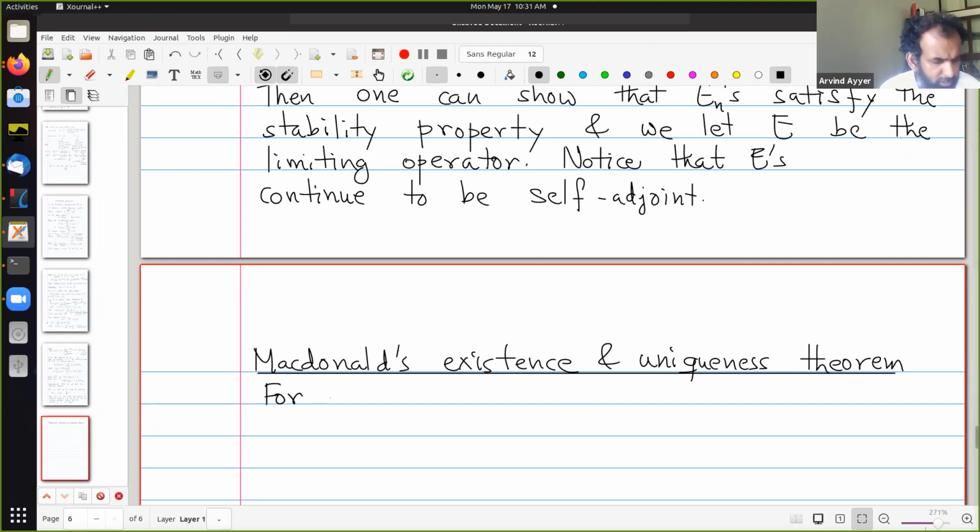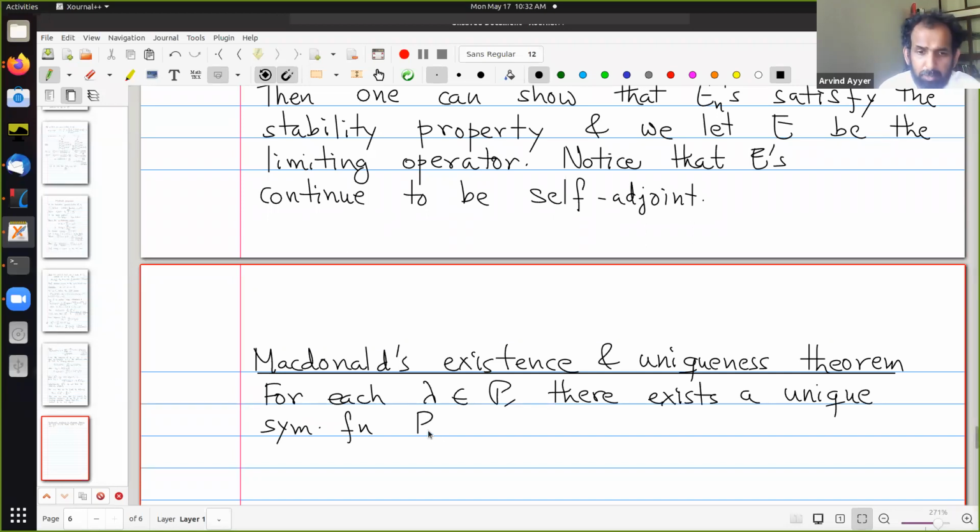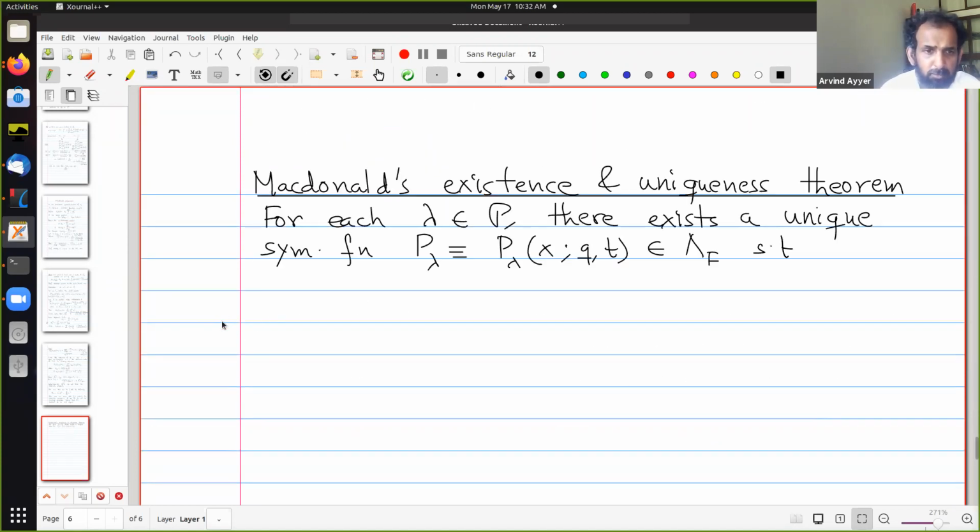For each lambda in P, there exists a unique symmetric function P_lambda(x; q, t) in lambda_F, such that the two properties hold.